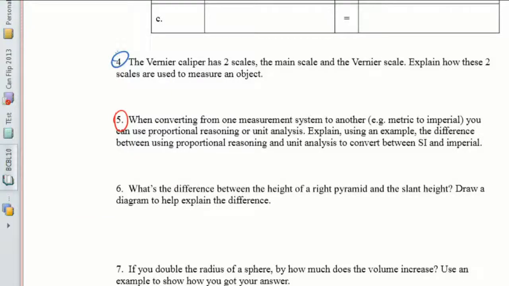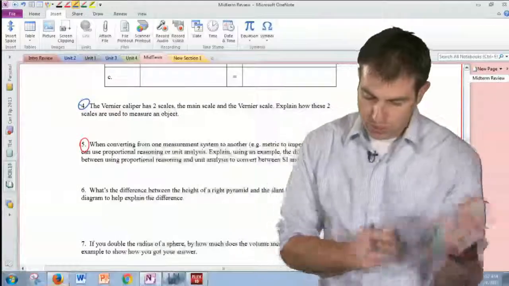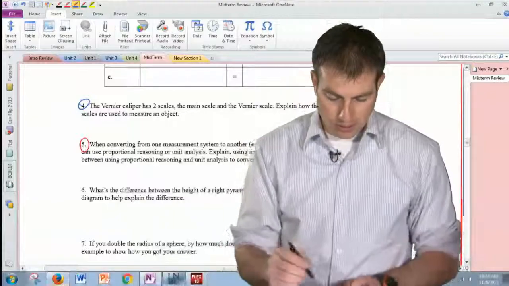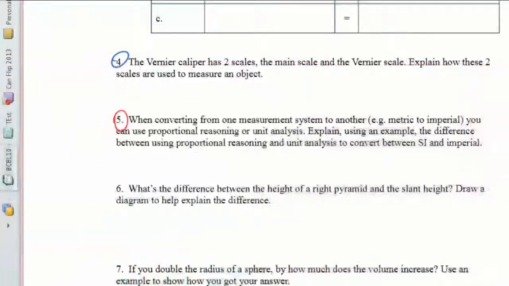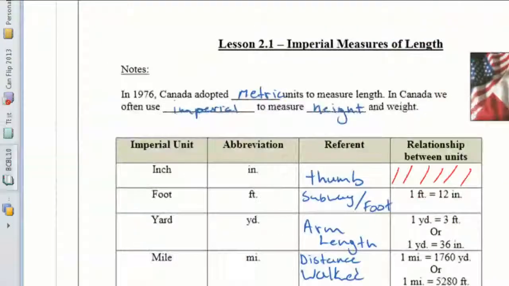And then when converting from one measurement system to another, you can use proportional reasoning or unit analysis. Explain using an example the difference between using proportional reasoning and unit analysis to convert between SI and imperial. All right, so 2 conceptual questions. Let's get the caliper one out of the way first. So the first unit was, let's see if I can find the caliper questions here.